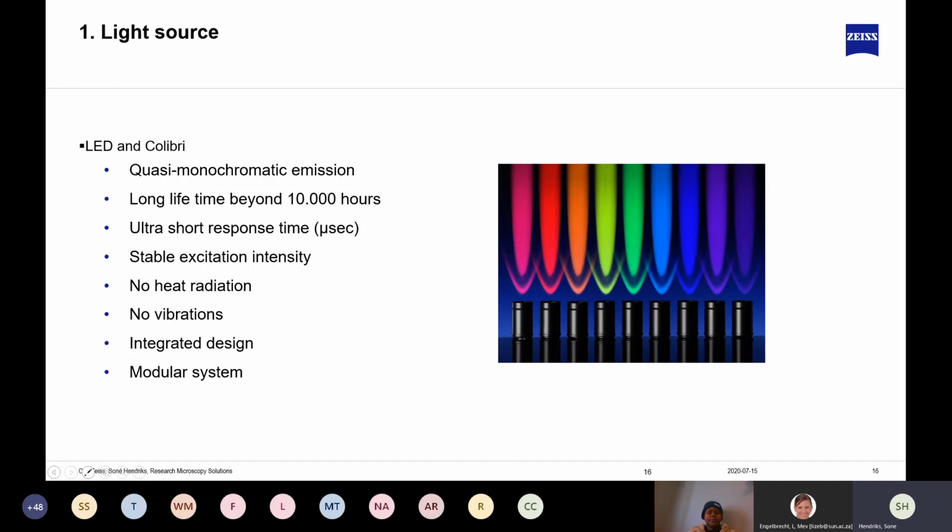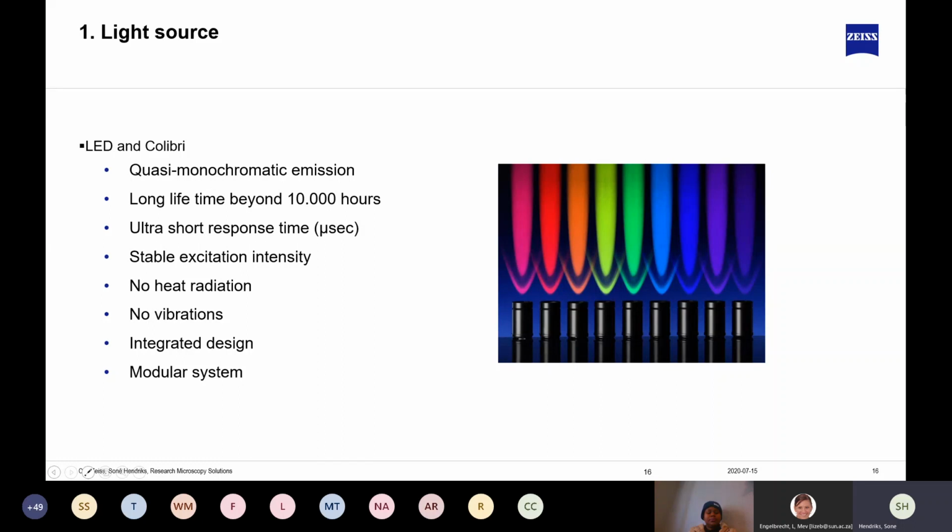I think we specify now 62,000 hours on our Colibri light source. So anything between 60 and 80,000 work hours before these start to lose energy. Our current light sources are also self-calibrating, which means you don't have to worry, it's always going to give you the same strength compared to the other Colibri diodes that you have in your lamp house.